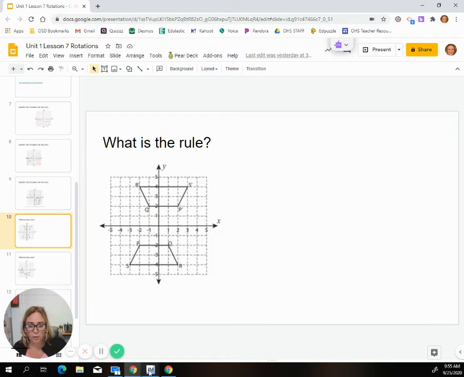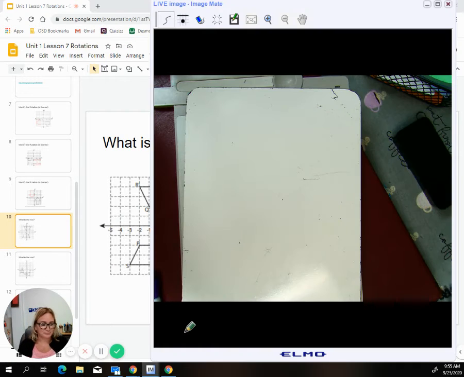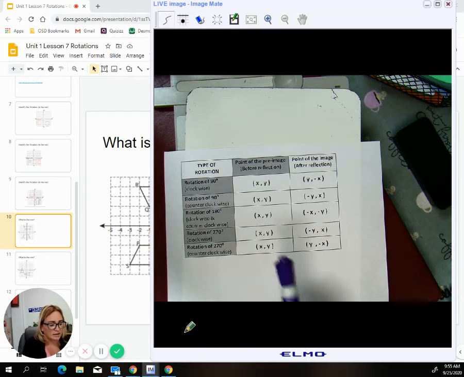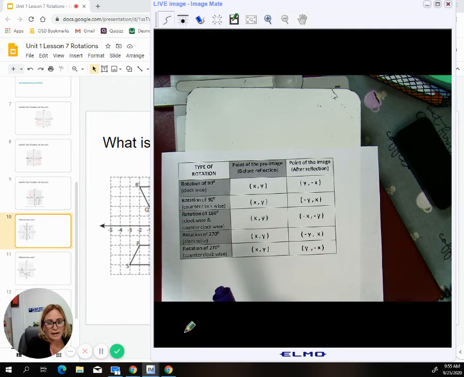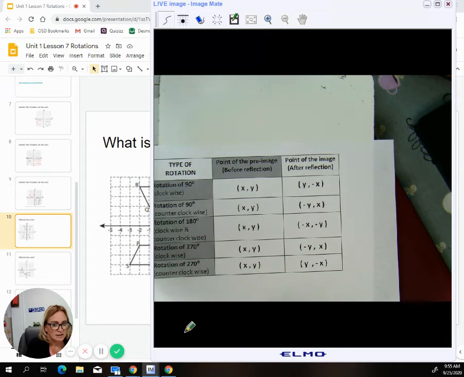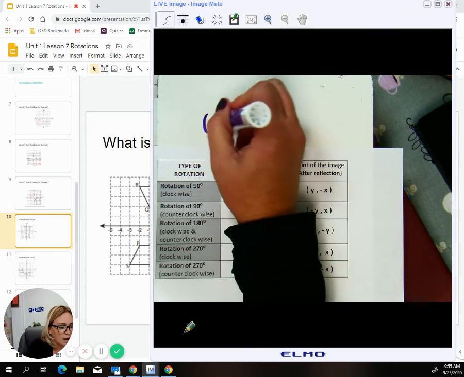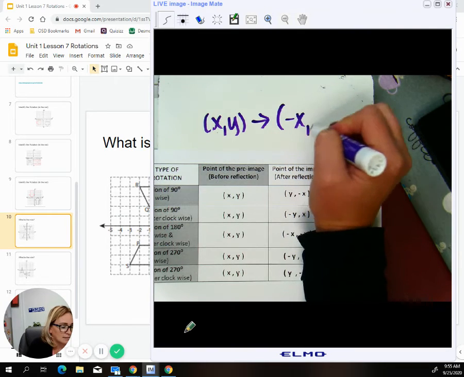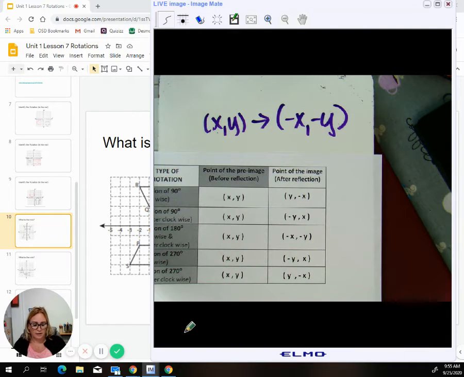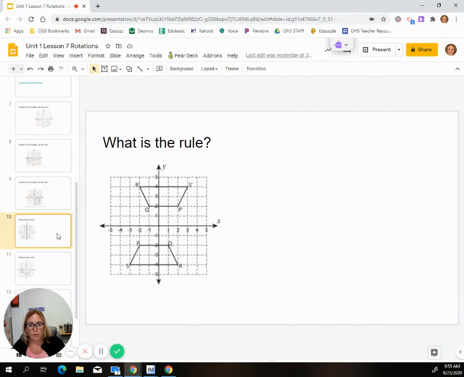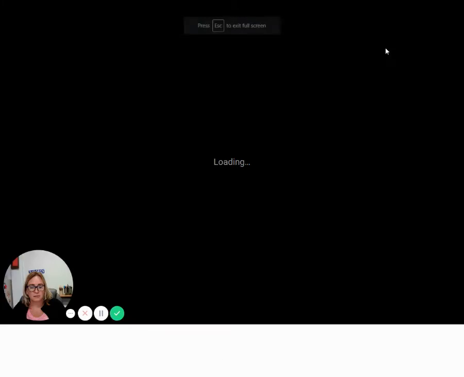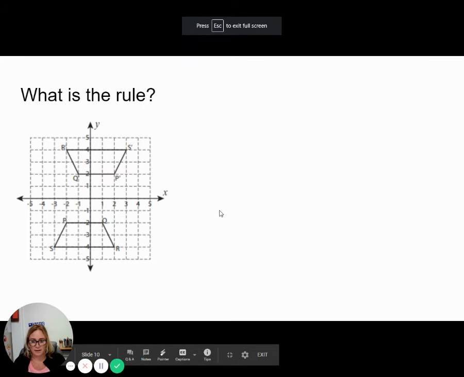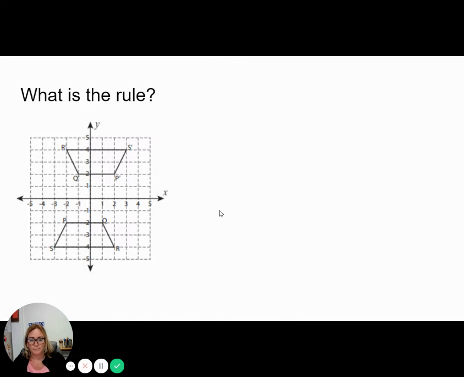I'm going to pull up my other screen here. 180 degrees clockwise or counterclockwise, you notice, says that we take our x, y, and turn it into negative x, negative y. So that would be the rule for this rotation right here. That's how we would use our formula sheet.